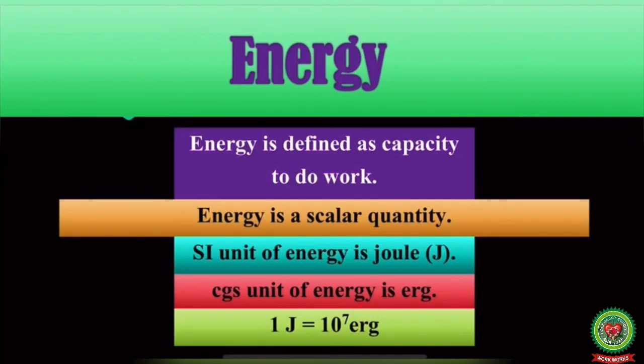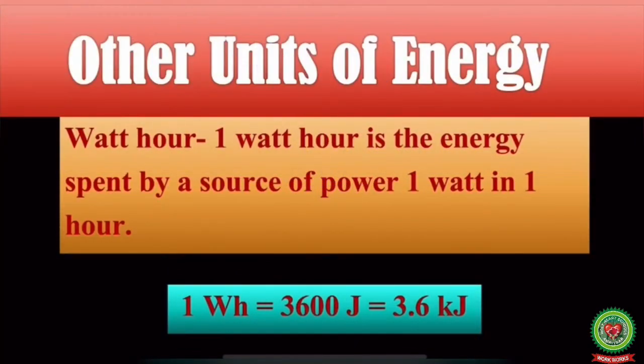Next, we will be talking about other units of energy, and the first one is watt hour. 1 watt hour is the energy spent by a source of power 1 watt in 1 hour.